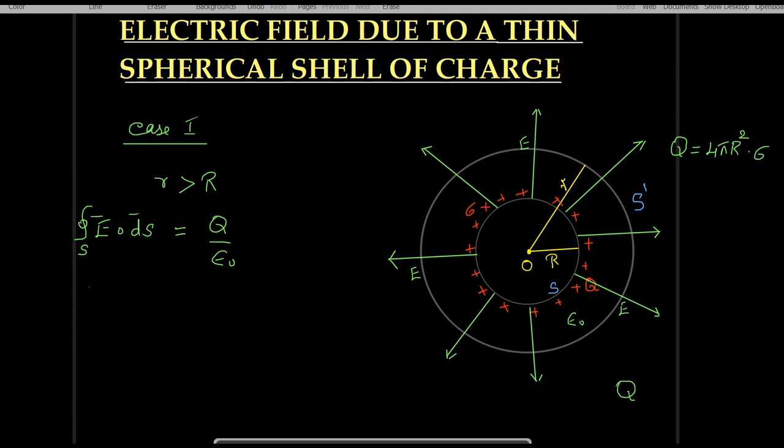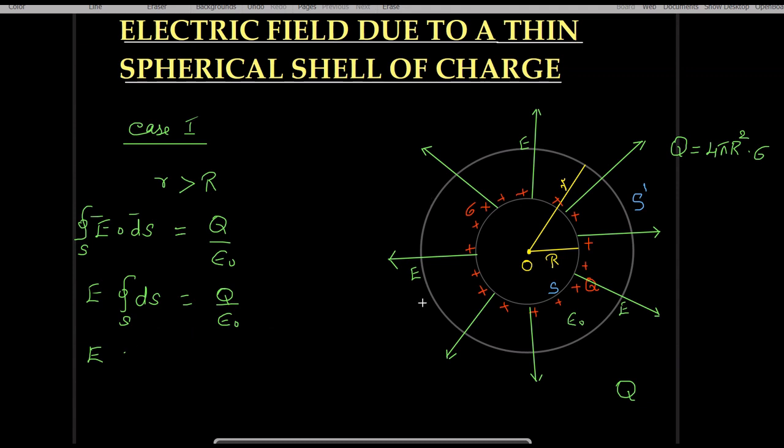Hence we write this equation as E integration over S ds, I just write the magnitude, equal to Q by epsilon naught. Already we know what is Q. Substituting, E we need to calculate on the Gaussian surface.